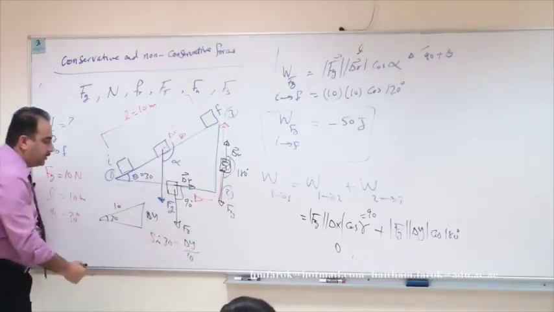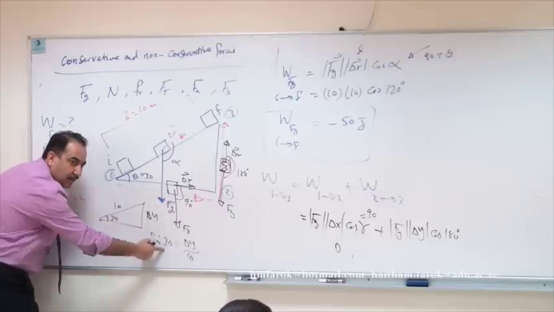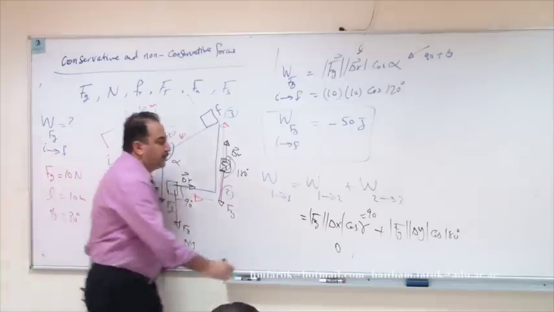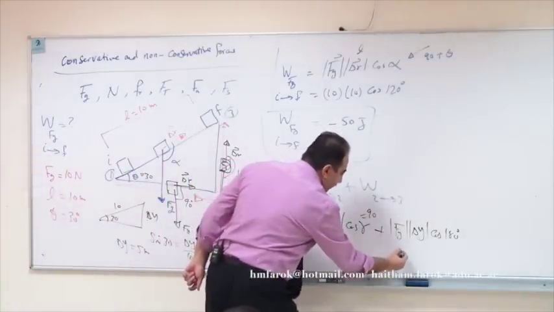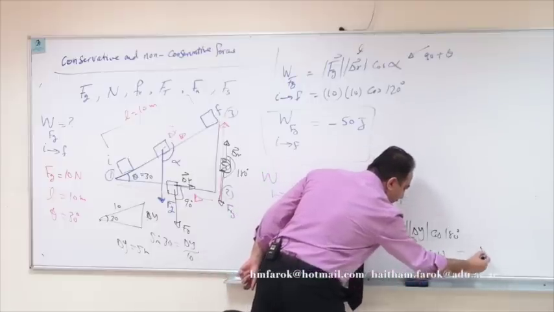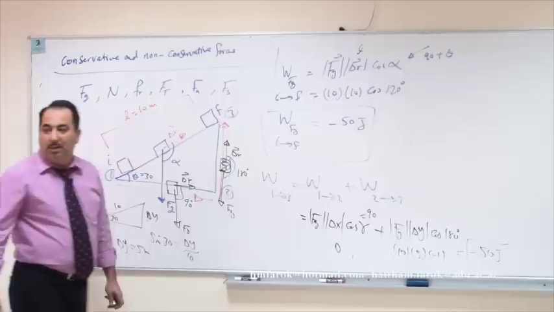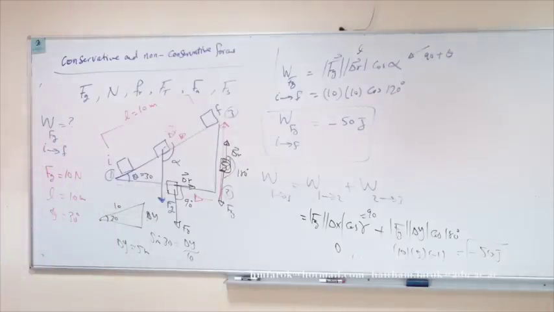So delta Y is 5, because sine 30 is half. So here what do you put? FG is 10, delta Y is 5, and this is minus 1. What's the final answer? Minus 50 joules. Did we get the same answer or not? Yeah. So it doesn't depend on the path.